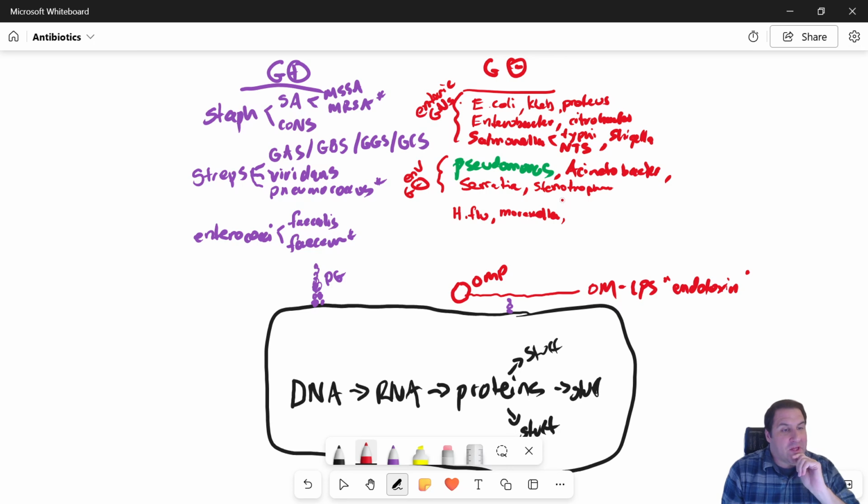We also have a couple other gram negatives we need to think about, especially on the mucosal surface. And unfortunately, there are a couple other mucosal gram negatives we still need to think about.